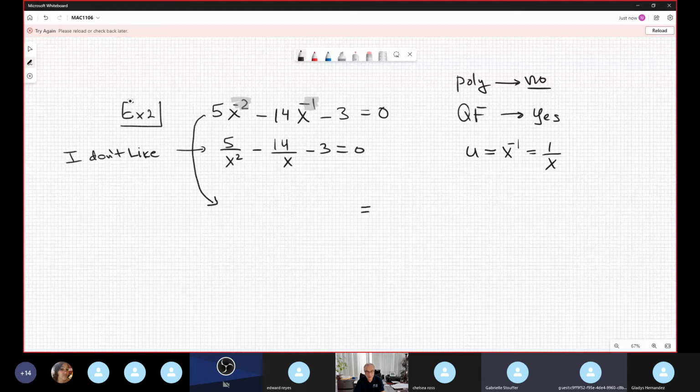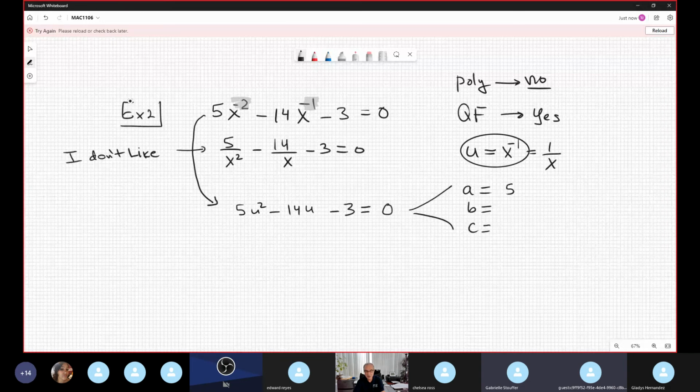Remember, I start from the equal sign because it splits the equation into left and right parts. The right side is always 0 because it's the standard form. Minus 3 is minus 3, minus 14 is minus 14u, because according to my definition x to the negative 1 power is u, and this is u squared. Wow, this new equation is a quadratic equation that you solve the traditional way you do all the time: a, b, c.